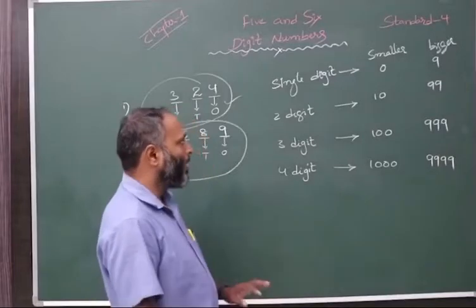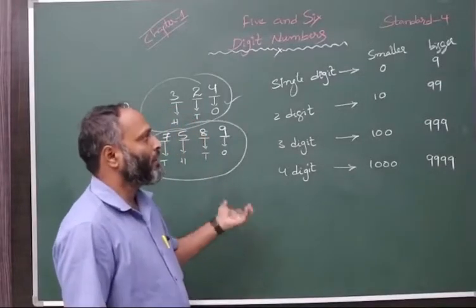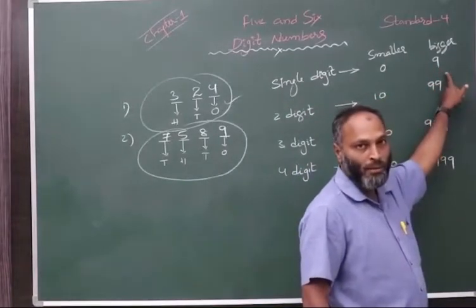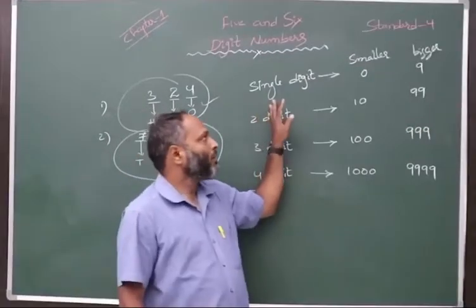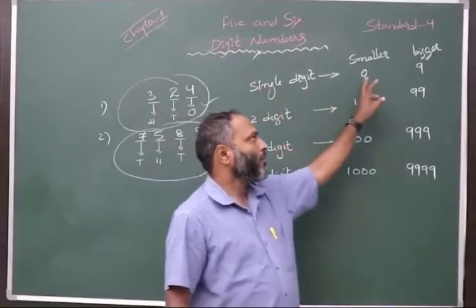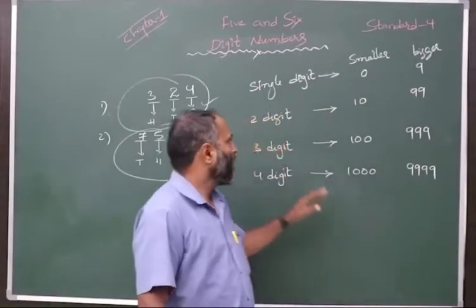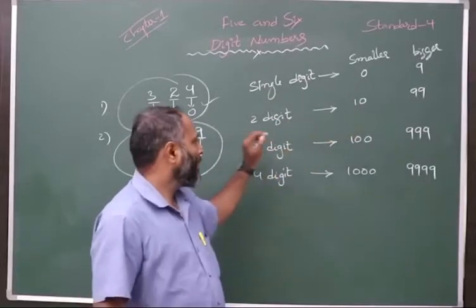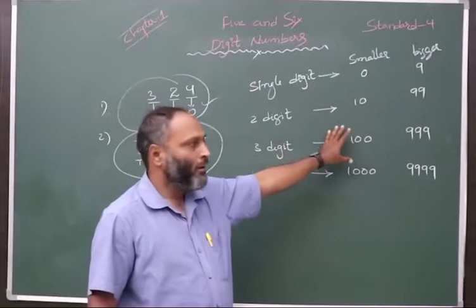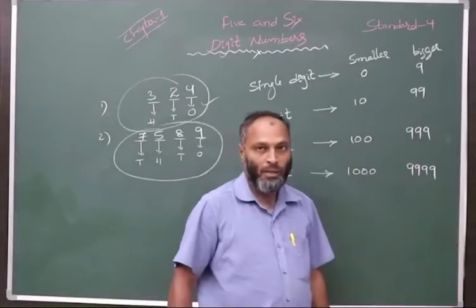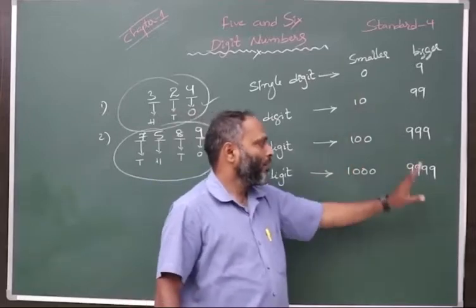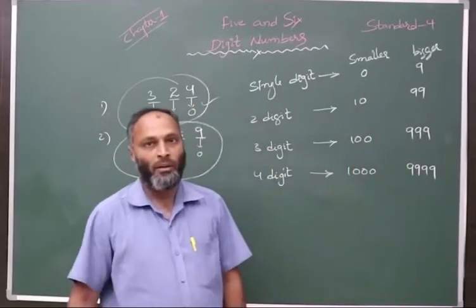So what we observe here: single digit smaller number is 0 and bigger number is 9; 2 digit smaller number is 10 and bigger number is 99; 3 digit smaller number is 100 and bigger number is 999; and 4 digit smaller number is 1000 and bigger number is 9999.